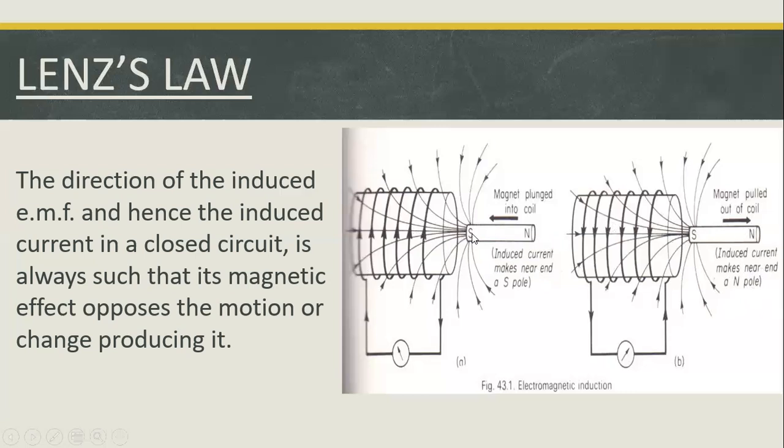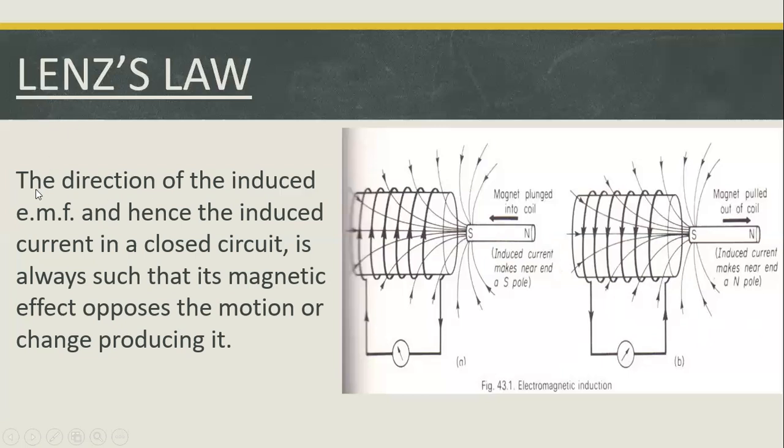So in the case of the south pole plugged in, the direction of current is clockwise, and plugged out, the direction of the current is anti-clockwise. If you take the north pole and plug it in, the direction of the current is anti-clockwise, and if the north pole is plugged out, the direction of the current is clockwise.